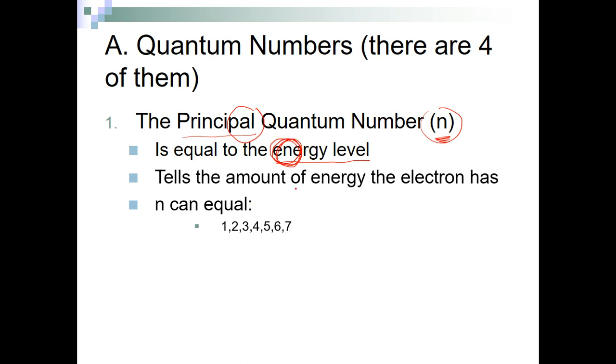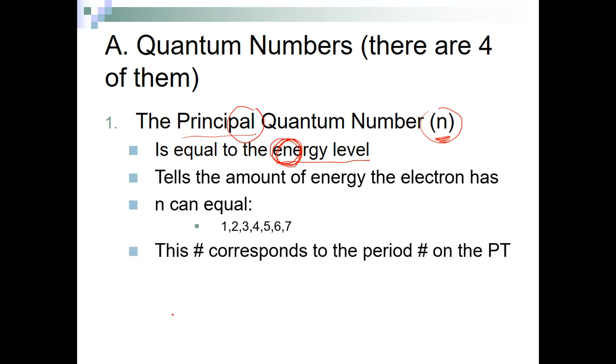It tells us the amount of energy that the electron possesses. And since we have 7 periods on our periodic table, N can have values equal to 1, 2, 3, 4, 5, 6, or 7. Again, the N quantum number for any given element corresponds to the period number on the periodic table.